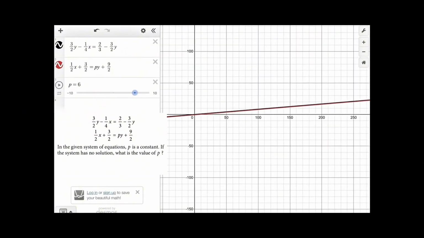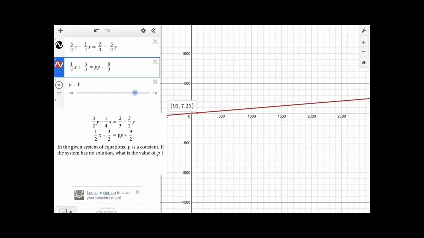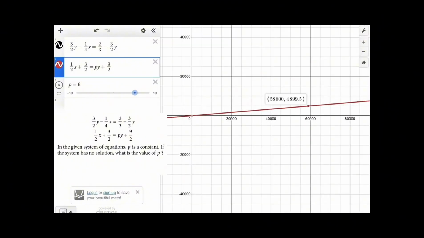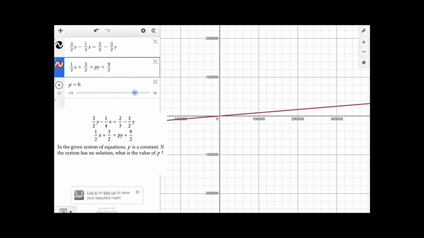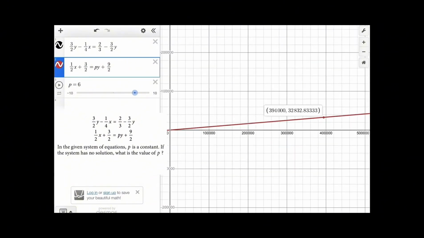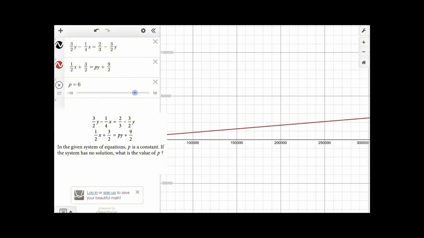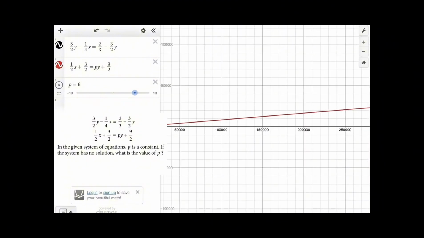So as you can see, if I scroll infinitely, I'm not gonna see any value here because none of the lines intersect each other. So we can conclude that p equals 6 is gonna be our answer for this question.